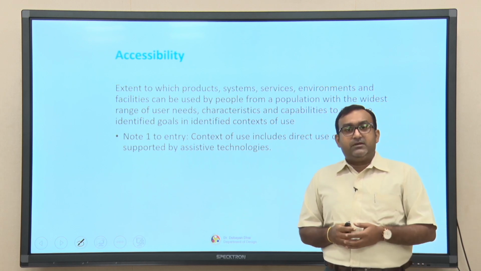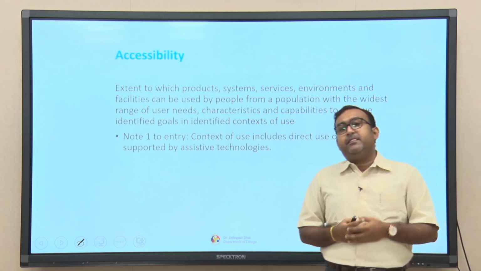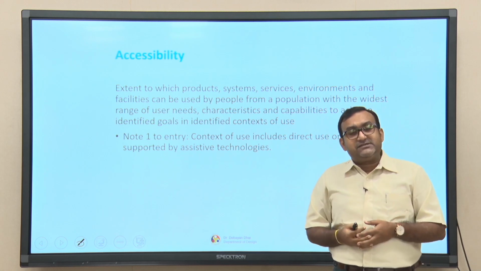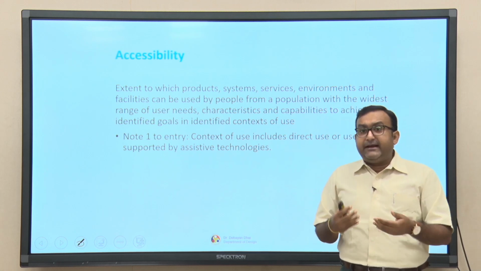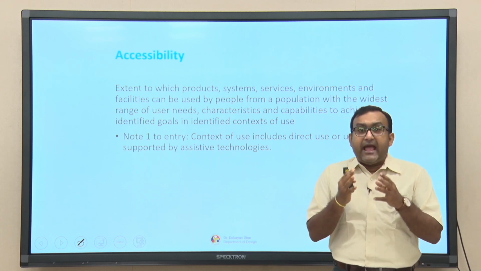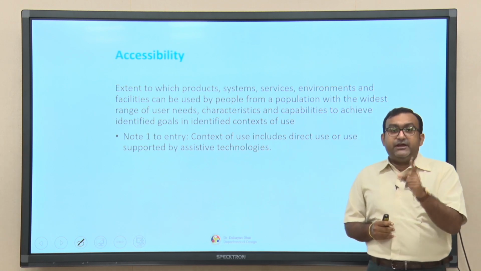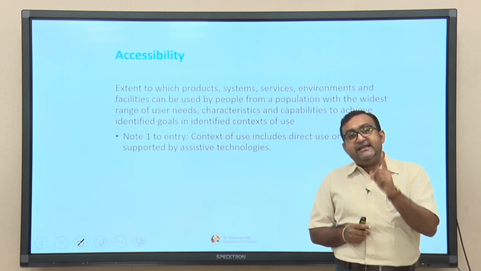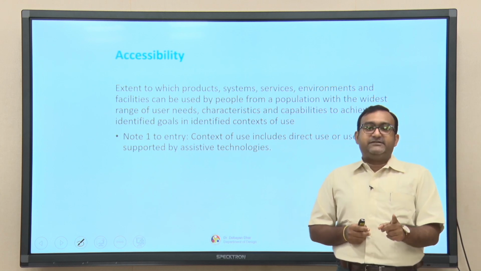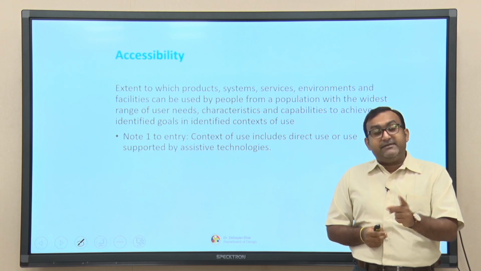It can be related to eyesight, it can be related to hearing, it can be related to cognitive processes, it can be related to any physical disabilities. When you design a product, you must ensure that the requirements of these special user groups are considered and addressed.